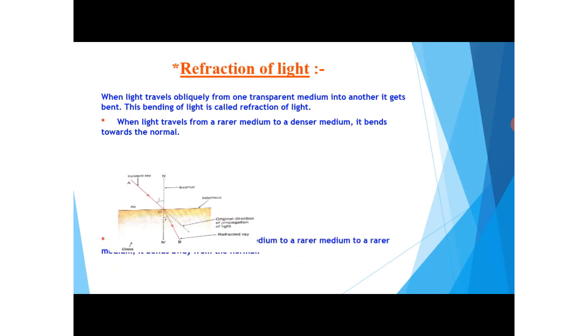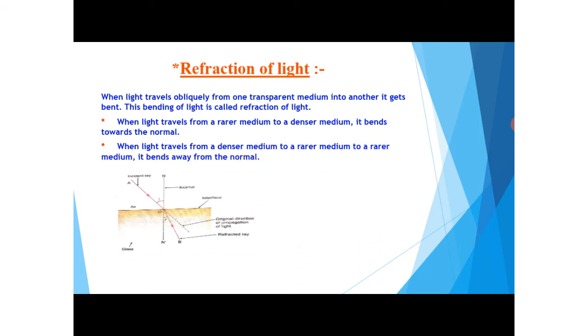Now again we consider the case when the light ray is traveling from denser to rarer. The previous case was when light travels from air to glass. As the light enters the glass, it will definitely come out through the glass, because glass is a transparent medium. So when the light ray is coming from glass to air, there is again bending of light. From this figure you can see the light ray AO coming from the glass to air.